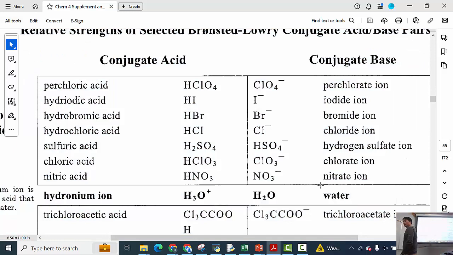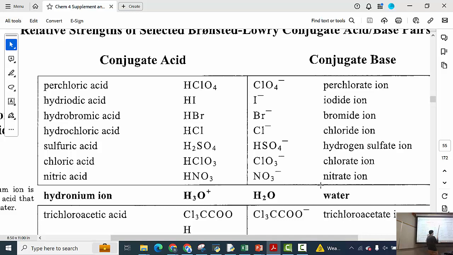So if we look at the acid perchloric acid, perchloric acid is a strong acid, meaning it ionizes or hydrolyzes completely. That means the H plus is easy to break off. Whereas something like hydroxide is an extremely weak acid, that means the H plus is very difficult to break off. If the H plus is easy to break off, then we lose that, and then we're left with perchlorate.